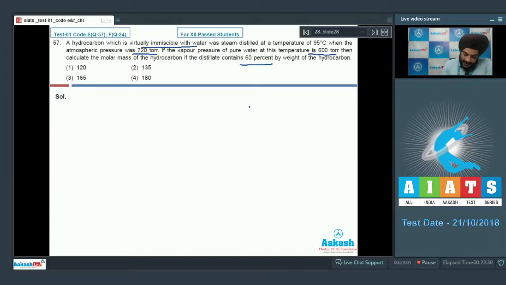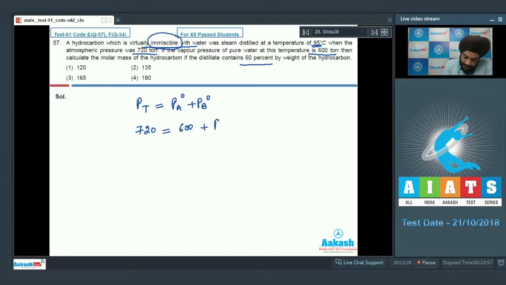So students, we know that for two immiscible liquids, the total pressure is given by PA0 plus PB0. So the total pressure at temperature of 95 degrees C is given to us as 720 torr. And the vapor pressure of pure water is 600 torr.